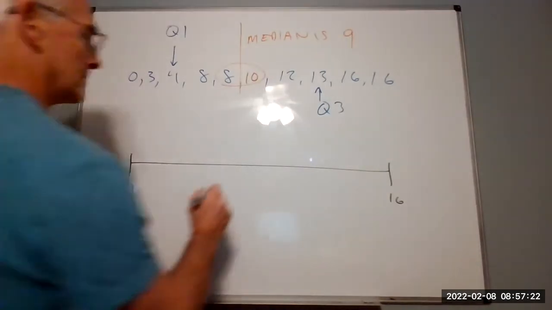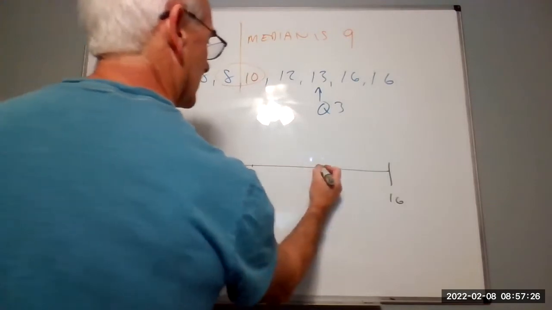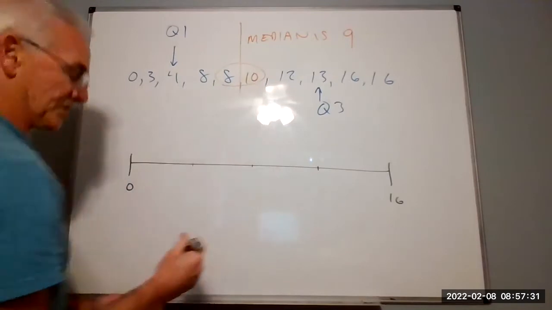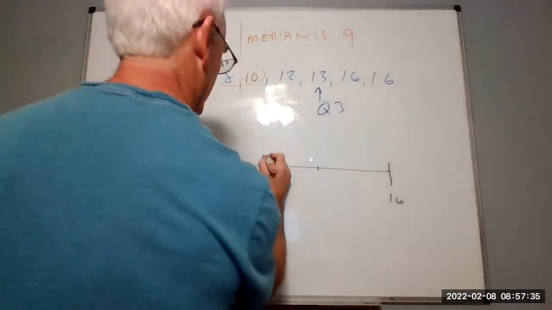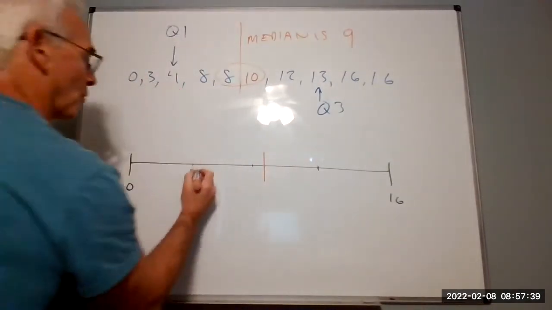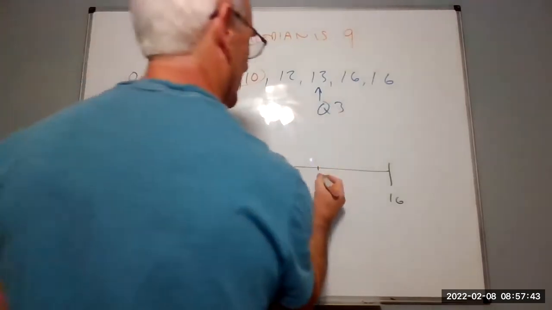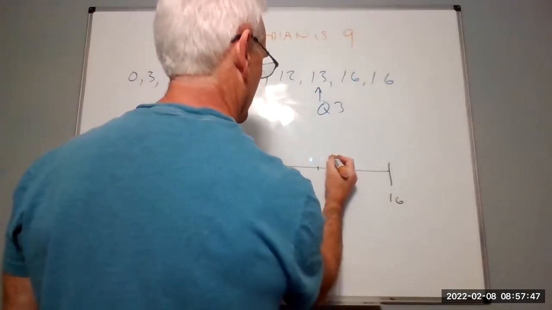My median, I want this to be kind of even. There would be 8 in the middle. My median was 9, so I'm going to put my median right here. Now, my first quartile was 4. My third quartile was 13, and this would be 4, 8, 12, so 13 would be about right here.